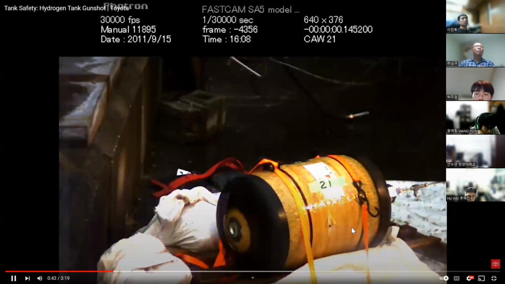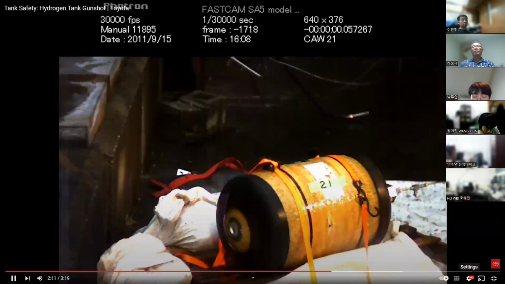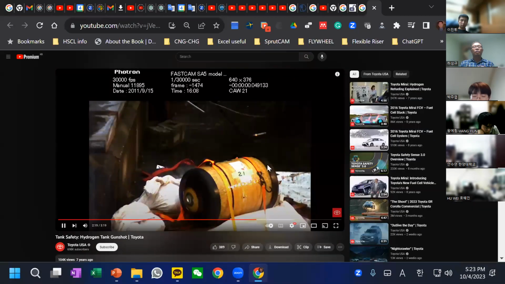Well, it doesn't burst. This is a high-speed camera, like 30,000 frames per second. And I saw some tests for bullets.